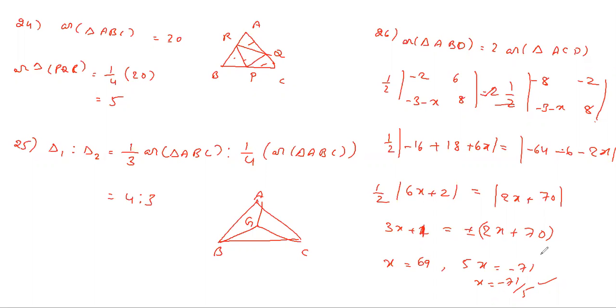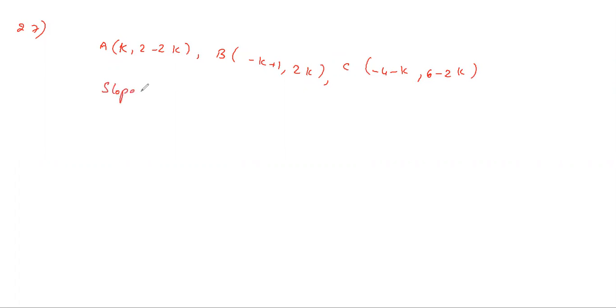27, points are collinear means you can equate the slopes. So slope of AB equals slope of BC.